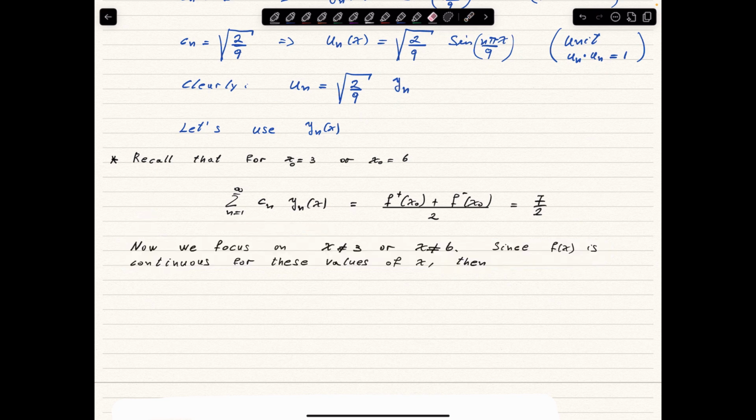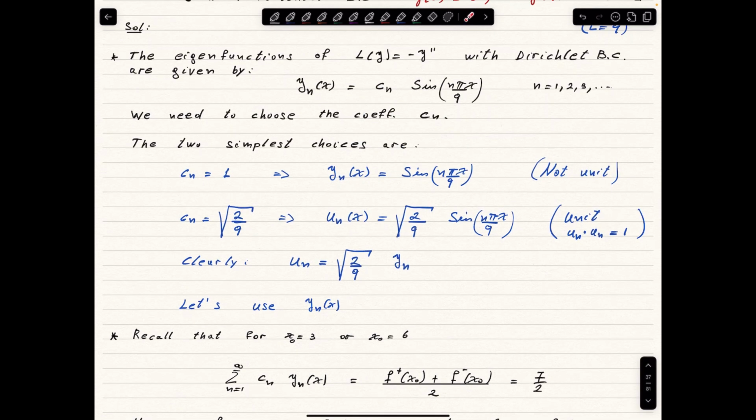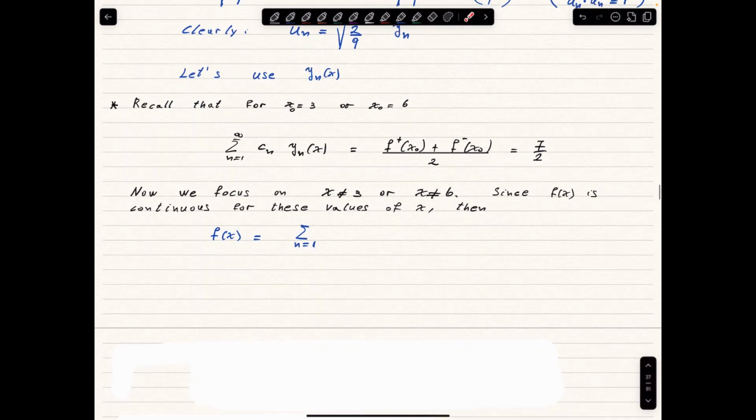And what we need to compute now is what happens for all the other points where the function is continuous, and not 3 and not 6. Since the function is continuous for all these values, then f of x is equal to the sum from n equal 1 to infinity, recall here we are not starting at 0 but at 1, of coefficients Cn times the functions yn, because that's the function we chose.